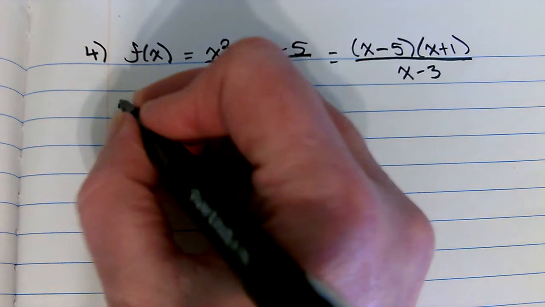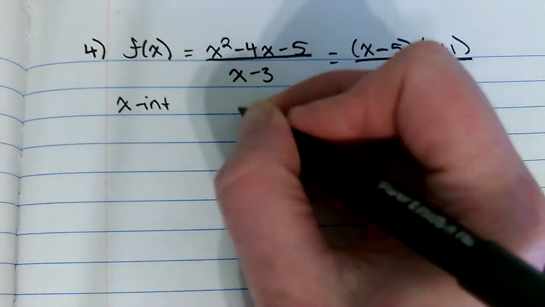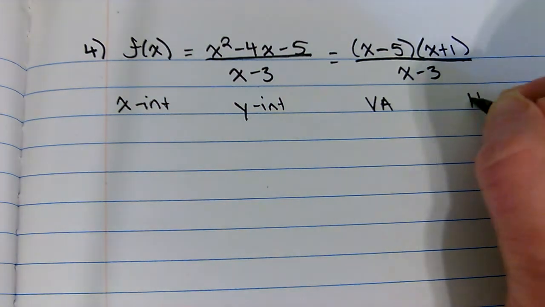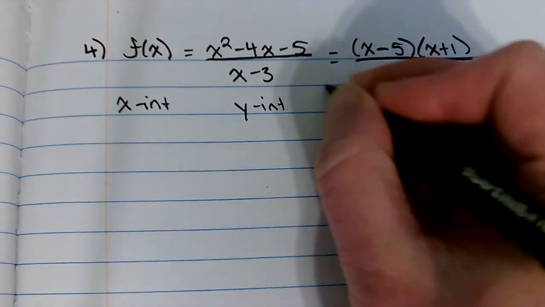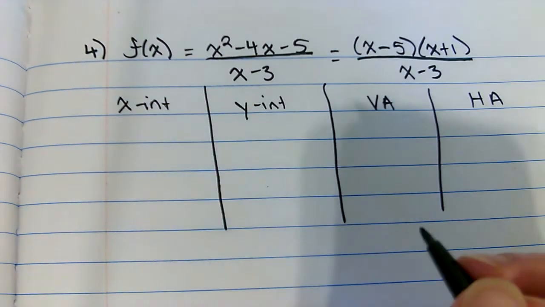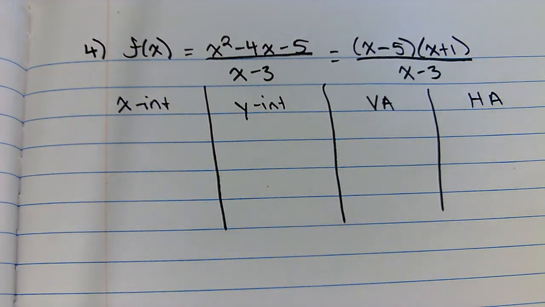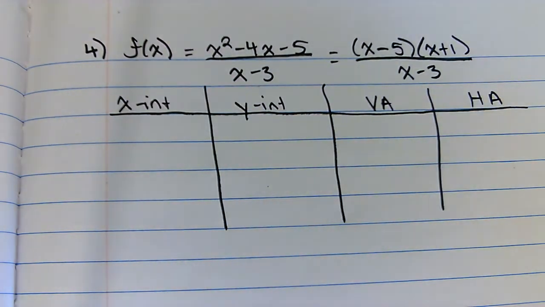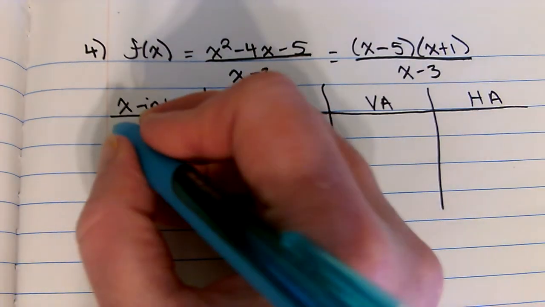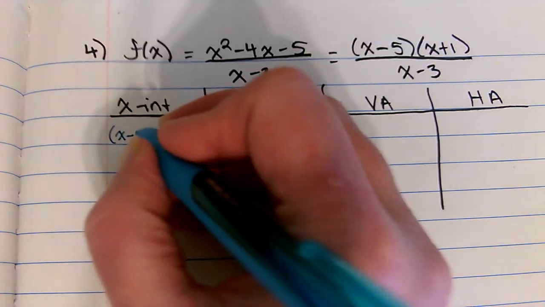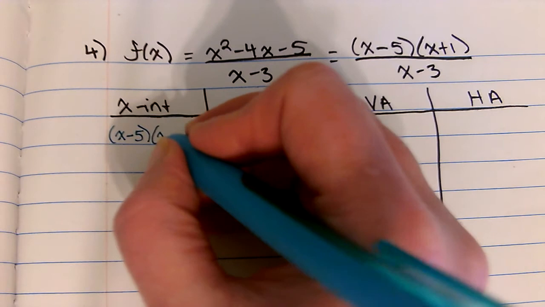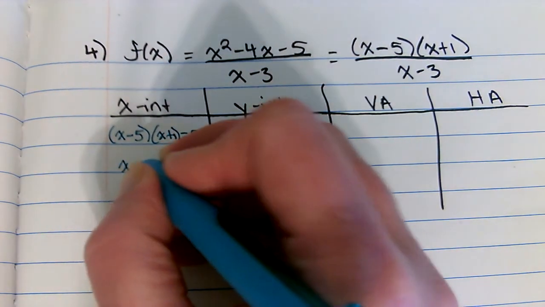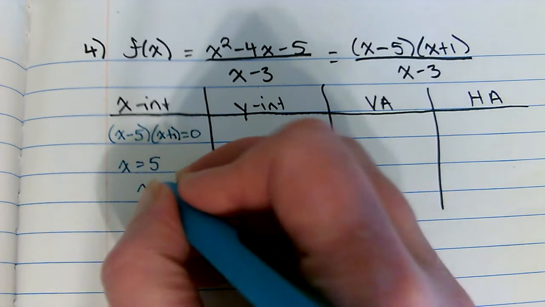Nothing cancels. For the x-intercepts, we can skip a step and just let the numerator equal 0. Whoops, 1. So I have 2 x-intercepts.